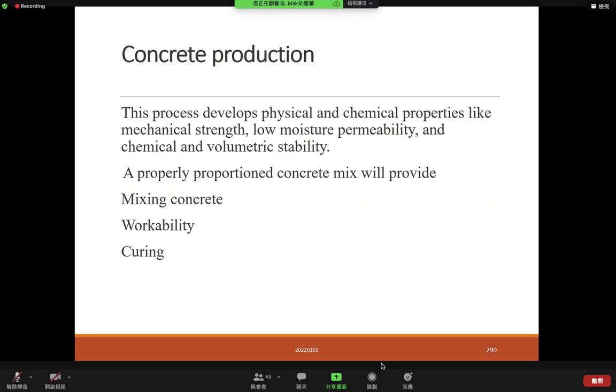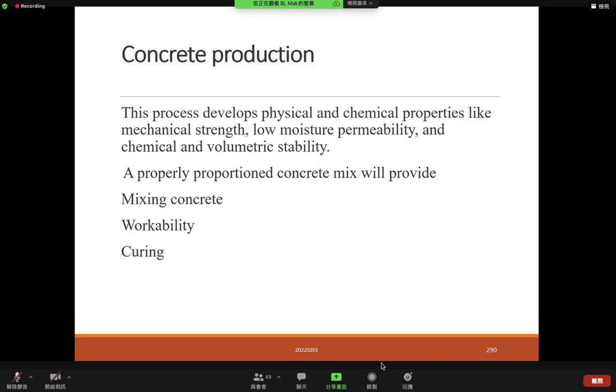And then we are talking about concrete production. The manufacturing process develops physical and chemical properties like mechanical strength, low moisture permeability, and chemical or volumetric stability. A properly proportioned concrete mixture is important because it will provide good quality, high strength, and high durability.